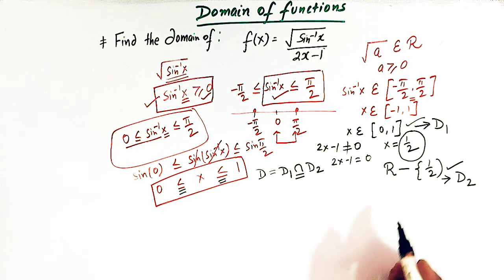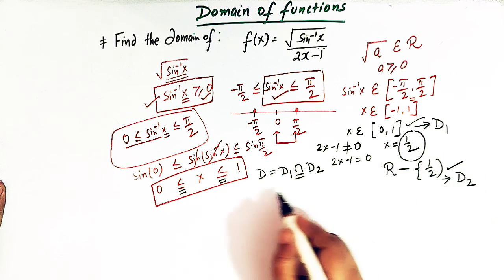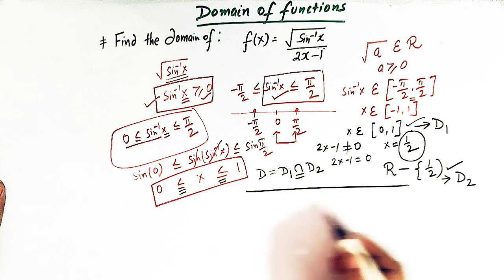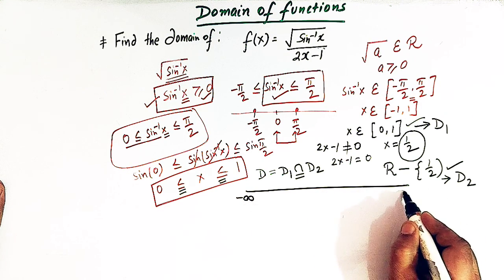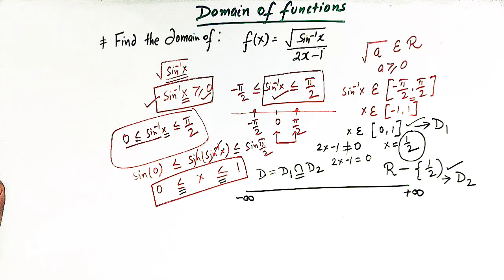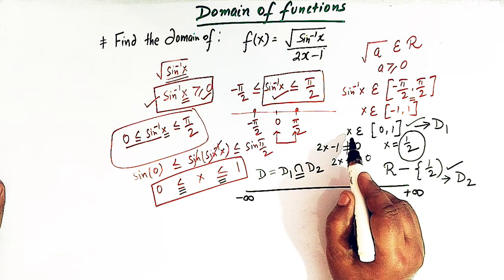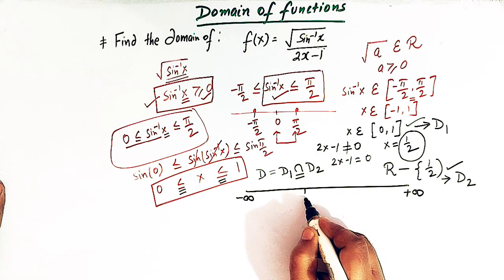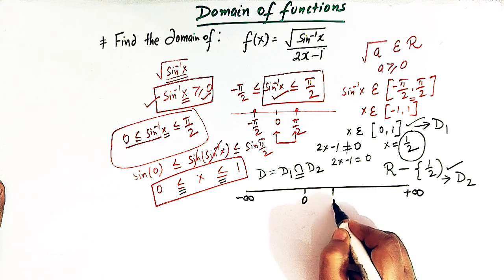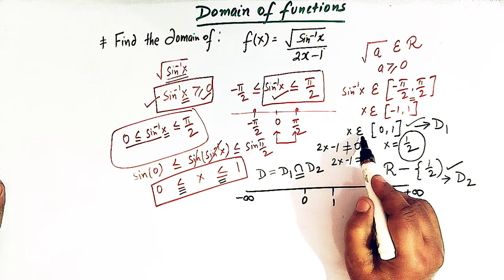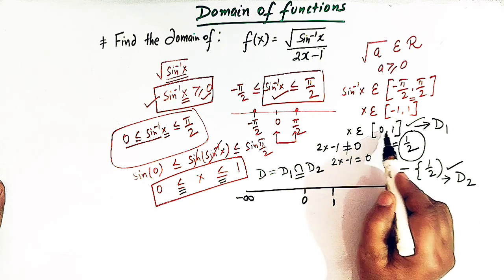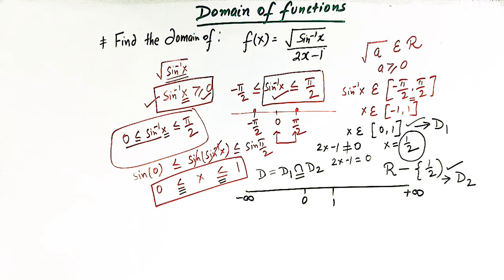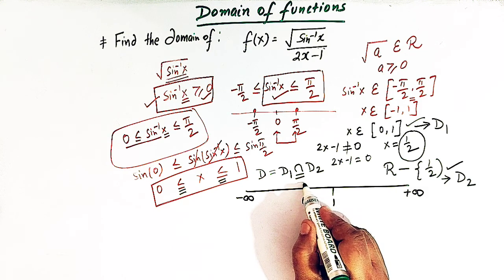So now let us represent these two domains on the real number lines. So here we have minus infinity, here we have plus infinity, right? So here we can write 0 and here we have 1. So x belonging to this interval, that is 0 to 1, may be represented like this.